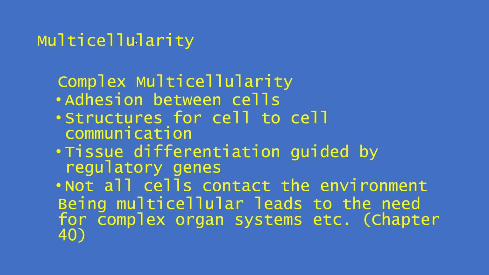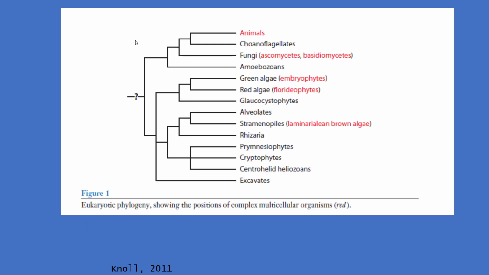Therefore, we start to evolve more complex organ systems. Disregard the chapter 40 reference. I don't have your current book in front of me, but all the chapters on various organ systems arise because of complex multicellularity. So if we look at this cladogram, we can see lots of different eukaryotes.